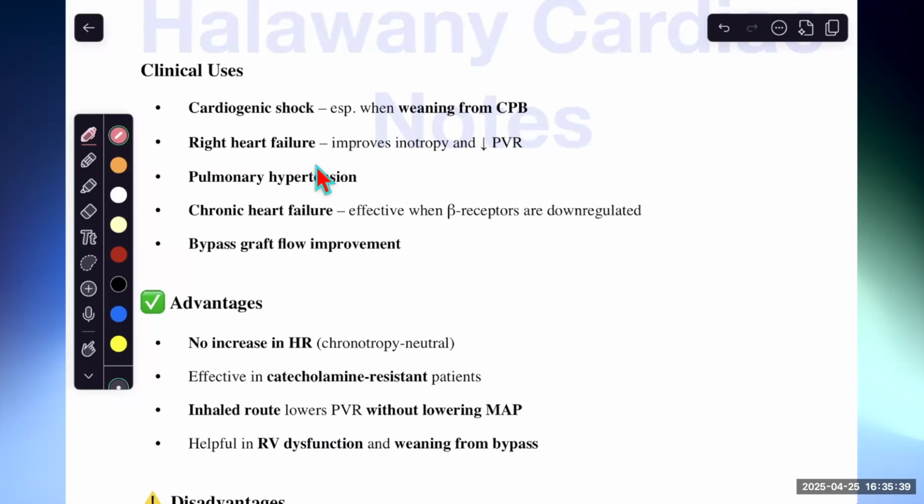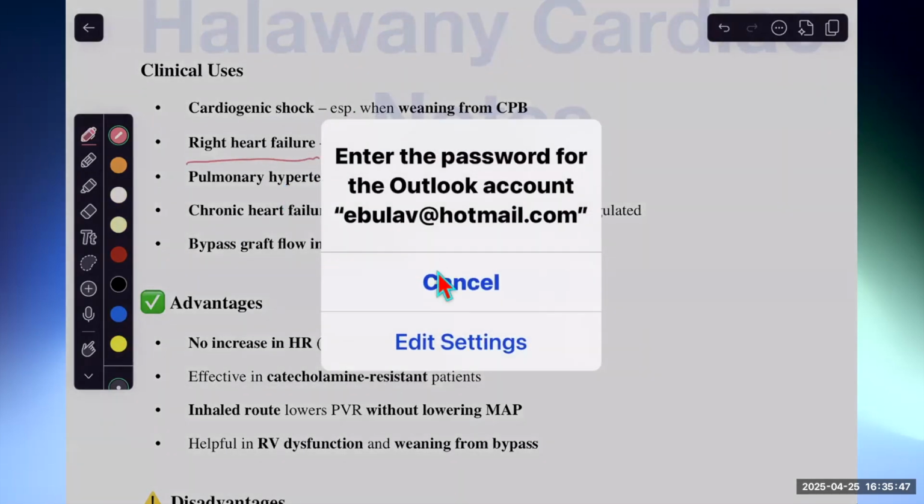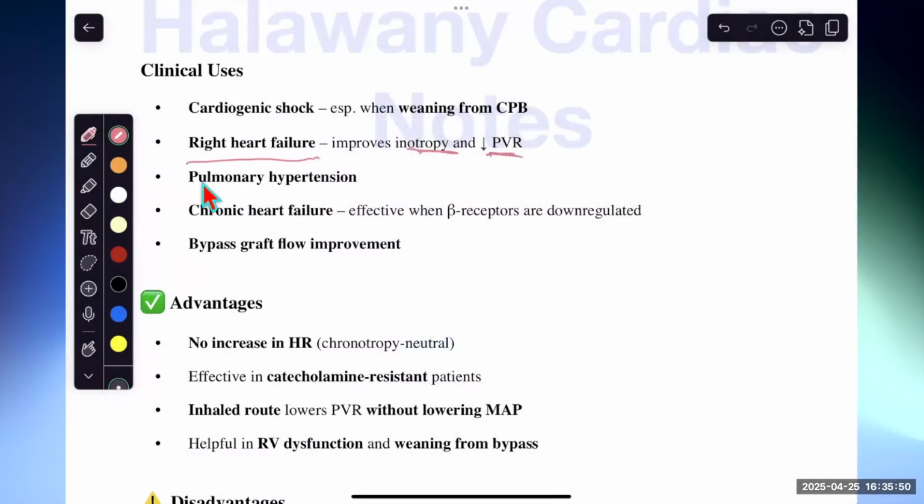This is the part that it's specialized for, RV failure, because it increases the contractility and decreases the PVR. Okay, pulmonary hypertension. It's good in pulmonary hypertension because it also decreases the PVR. Chronic heart failure, and this one is also very nice because beta receptors usually downgrade. What is this?